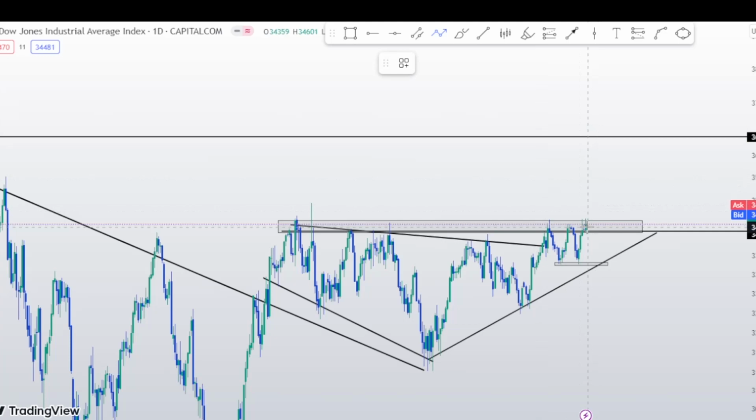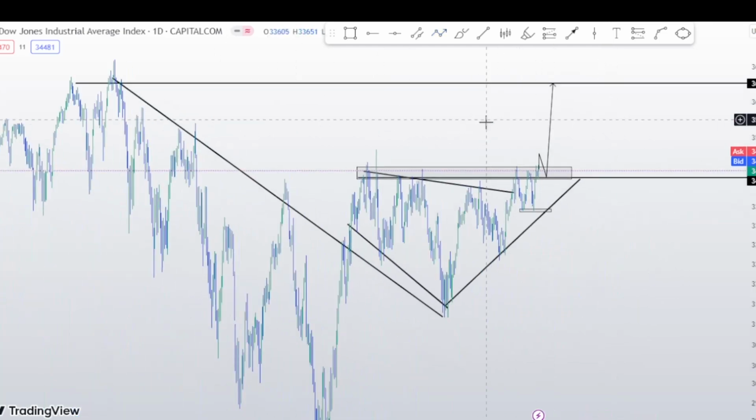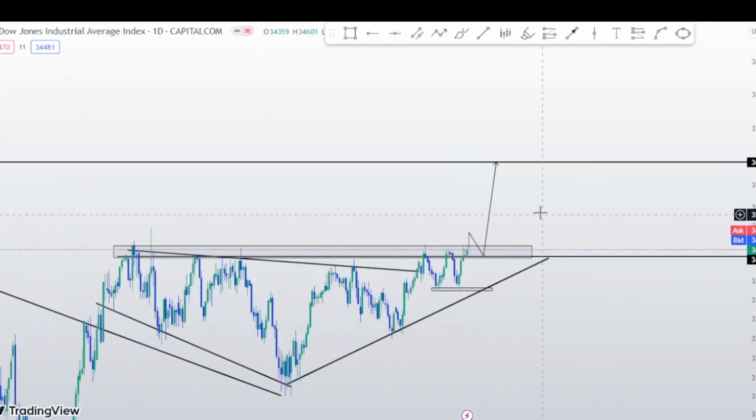Since it looks like it's pushing up, we can expect the market to push further up, bounce, retest this level, and after that continue to go up to this next resistance here. And if it doesn't do that, there may be a scenario where the market can come below here and bounce again on this trend line and start to go up again.